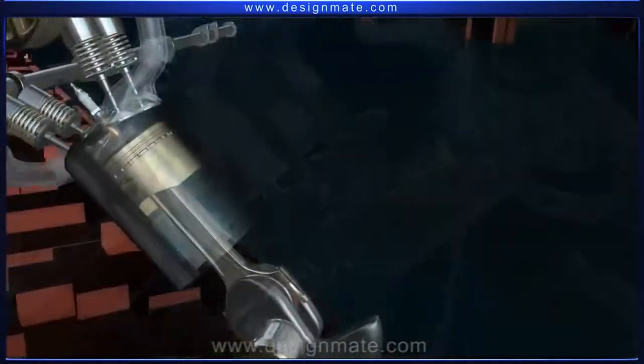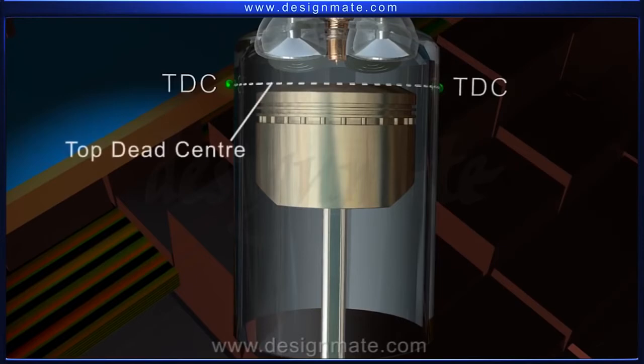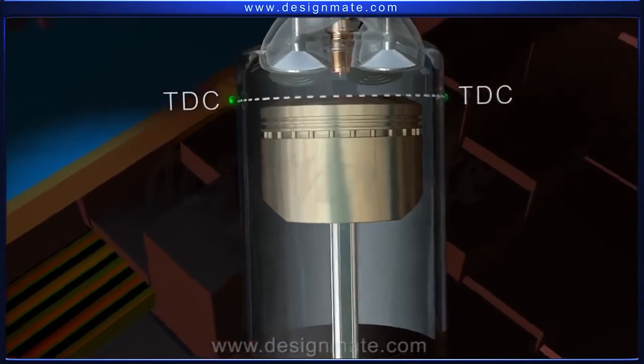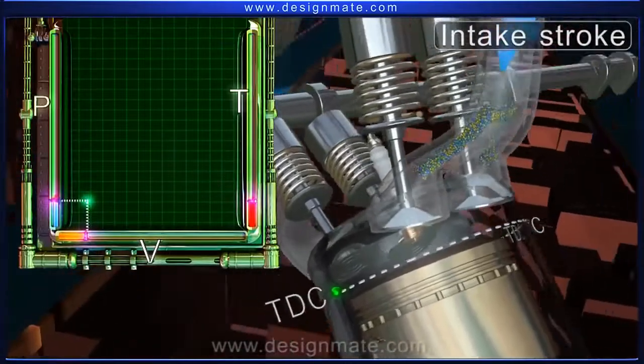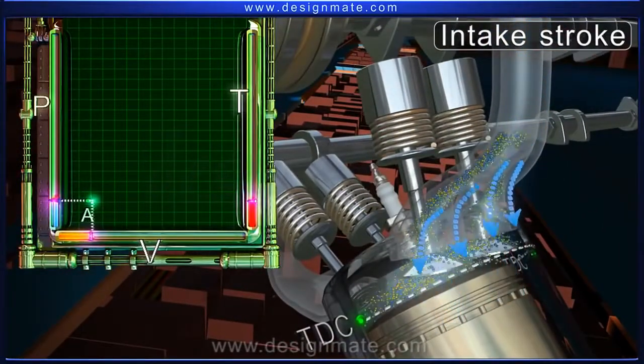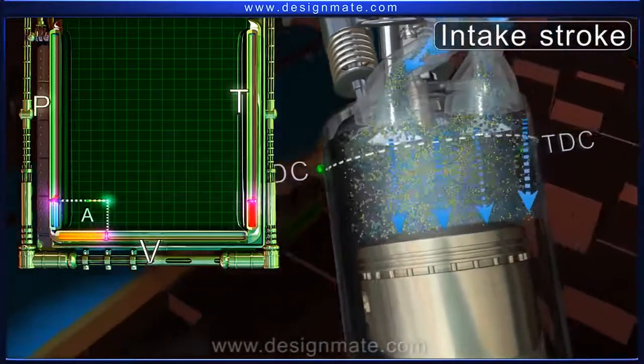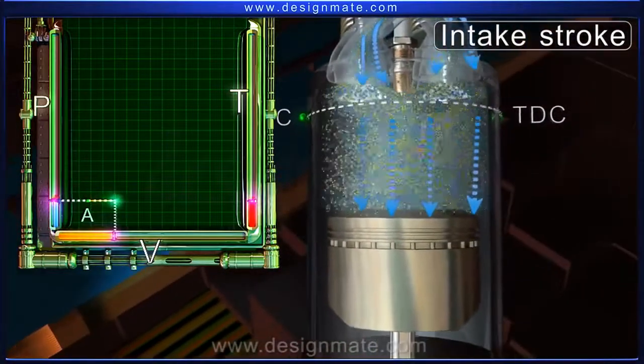The engine cycle begins when the piston is at its top position, called top dead center or TDC, and both the valves are closed. Intake stroke. During this stroke, the intake valves open and the fuel-air mixture called charge enters the cylinder at near atmospheric pressure.